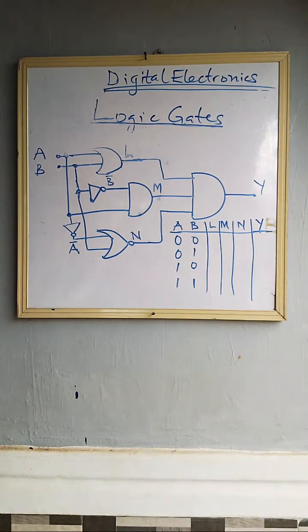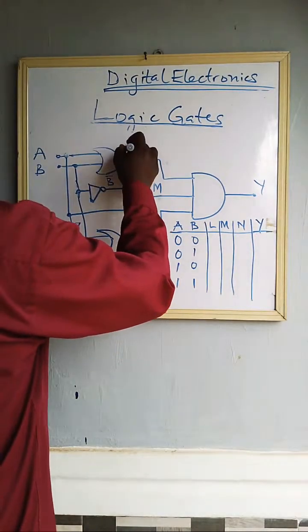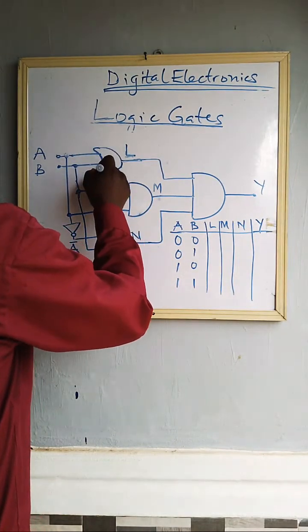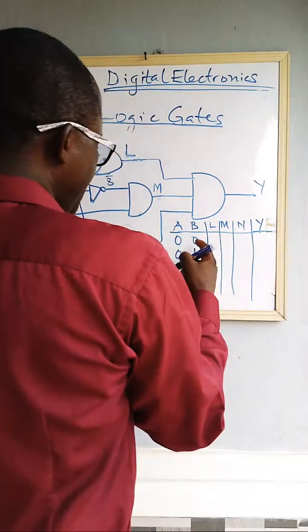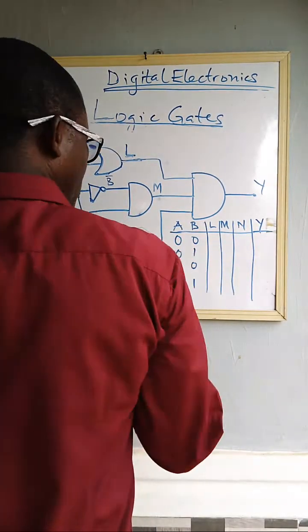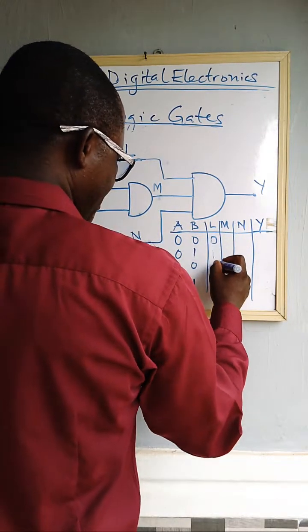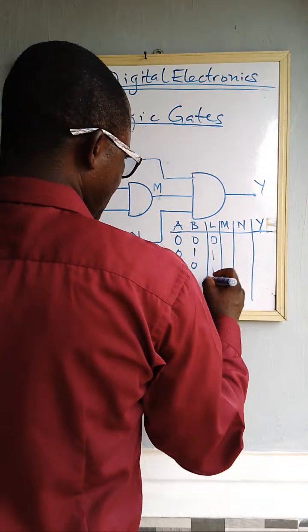All right. So let's look at intermediate output L. Intermediate output L, that's this point. We have an OR gate, and the input to the OR gate is A and B. For A and B as an OR gate, we're going to have 0, 1, 1, 1. All right.